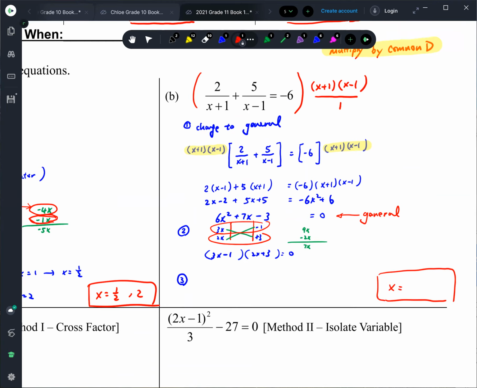So for this question, the hardest part is to change to general form, right? Because you have denominators.